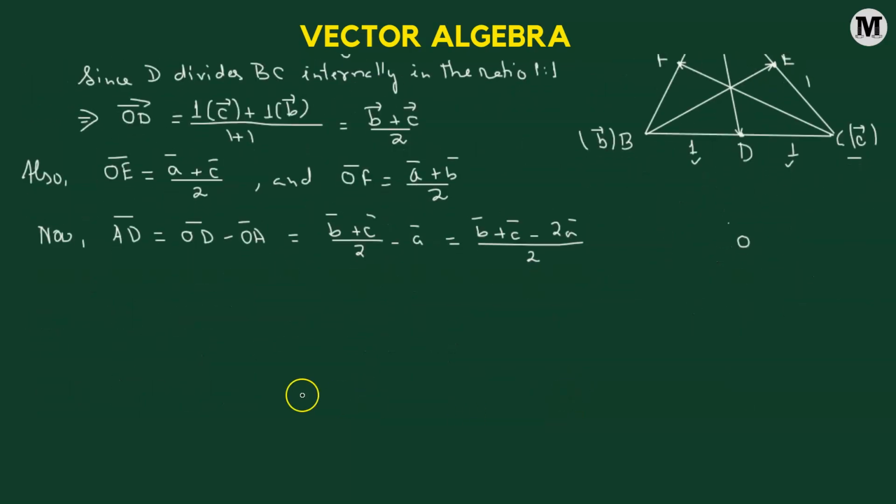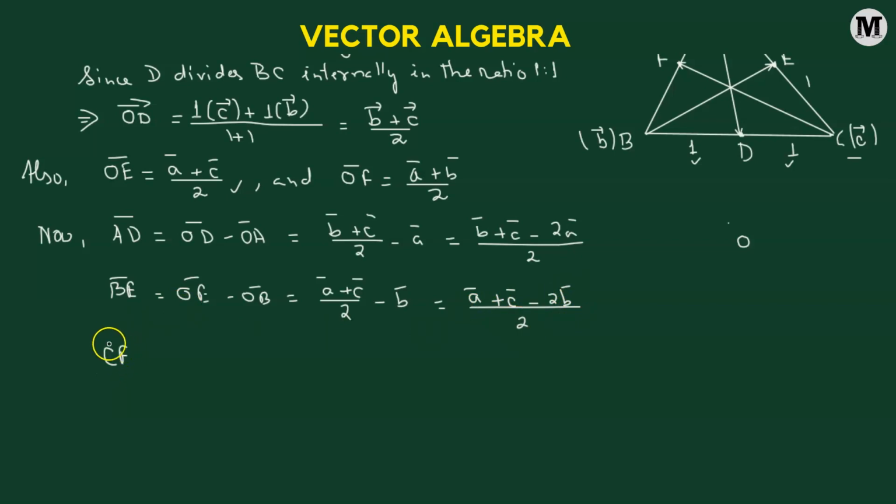Fine. Then we have BE vector. The BE vector will be OE vector minus OB vector. The OE vector is given by A vector plus C vector, all divided by 2, minus B vector. Combining them gives us A vector plus C vector minus 2 times B vector, all divided by 2.